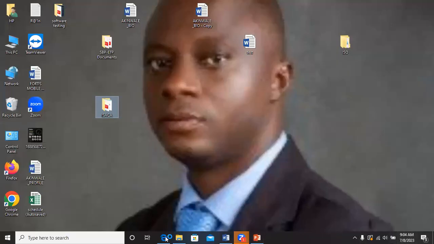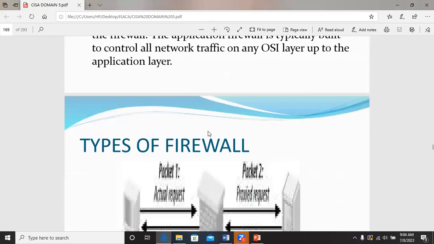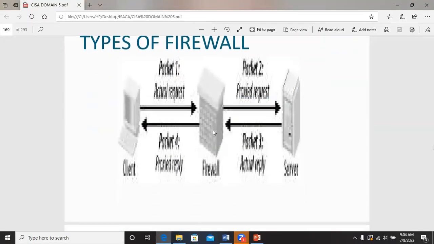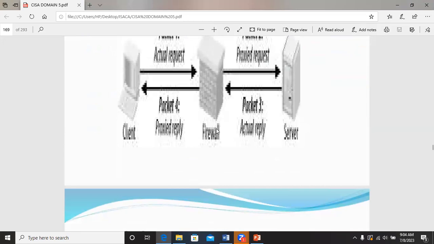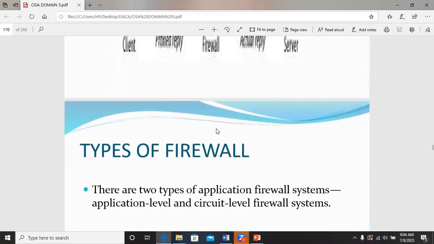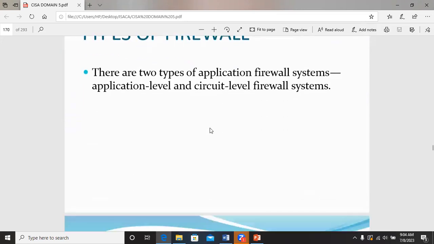That makes it more effective, and that also means it is slower than the packet filtering router, because it does more job.